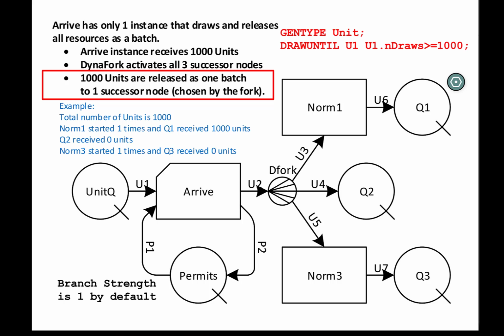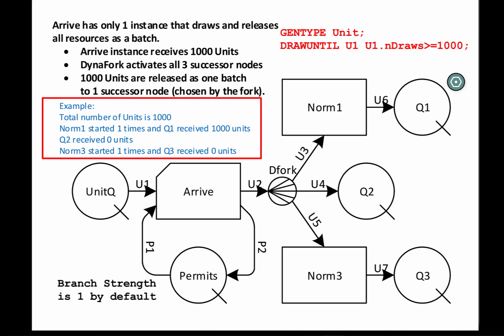The resources will arrive at the dynamic fork and will choose one of the 3 outgoing links at random. For example, they could choose link U3. In this case, activity norm1 will start 1 time and Q1 will receive 1,000 units.